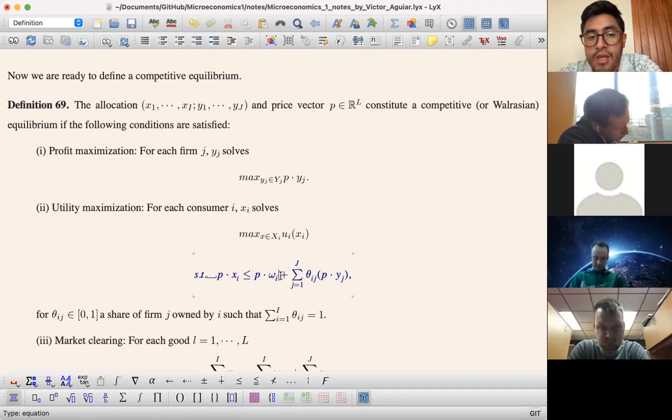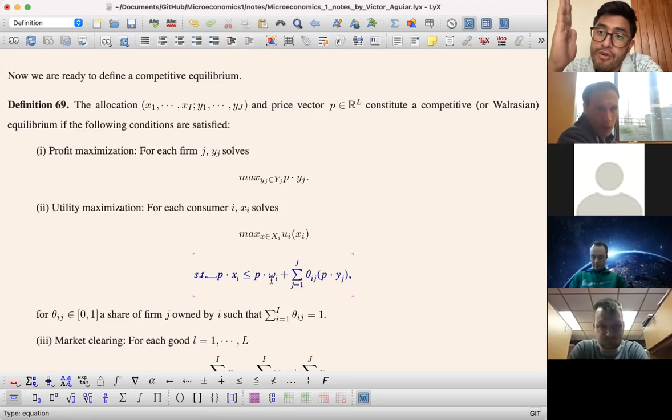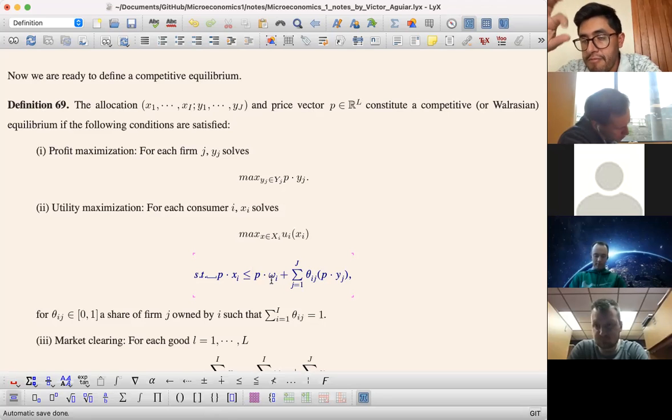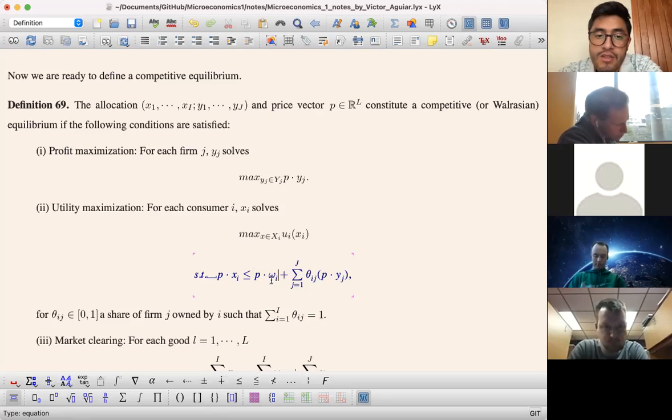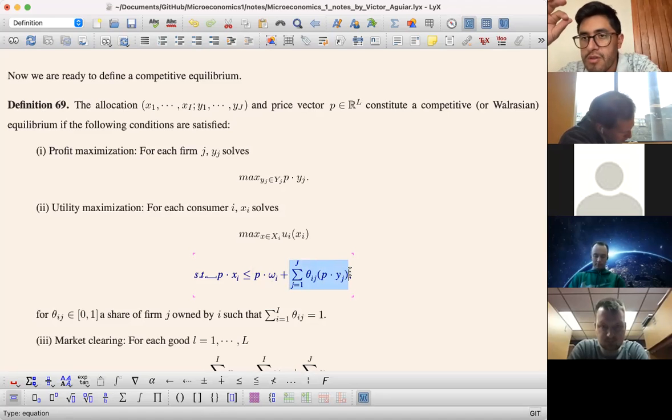With this notation of the inner product, remember that omega i denotes a vector of whatever you own in the L goods. And then you multiply it by the price vector of size L, to obtain whatever you gain from selling this.